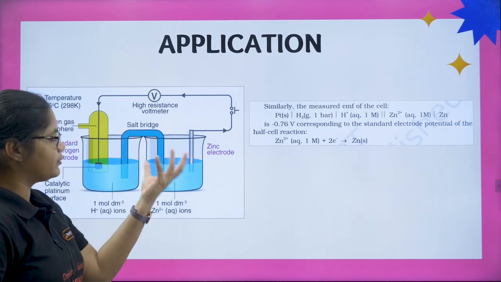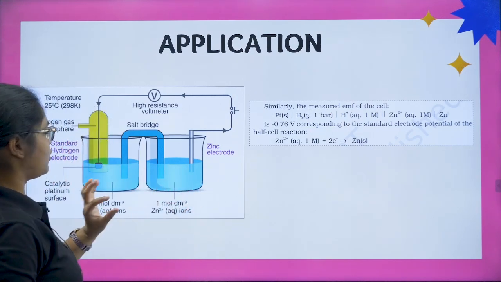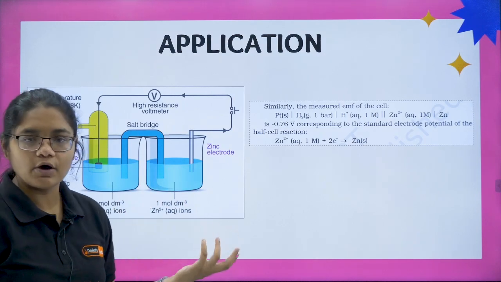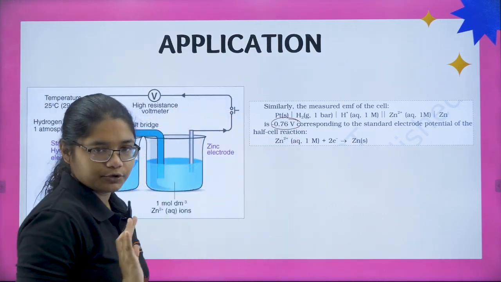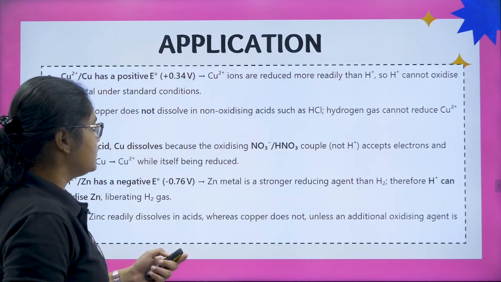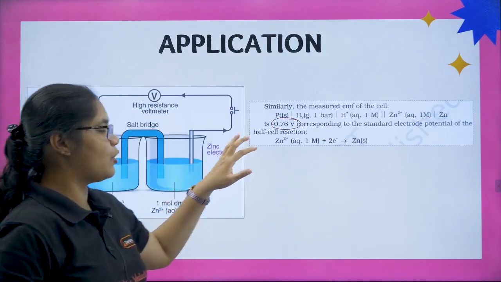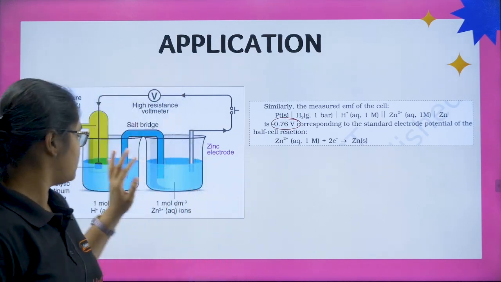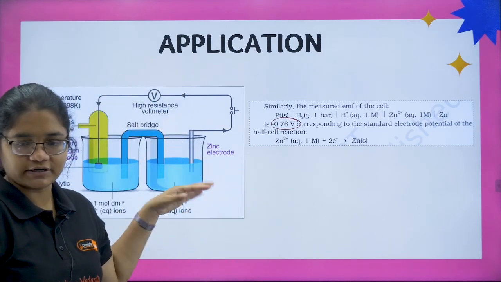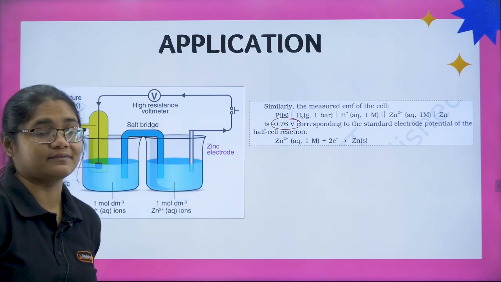Similarly, I can also calculate the electrode potential of zinc. I will put the hydrogen electrode on one side and the zinc electrode on the opposite side. When I calculate this, I will get minus 0.76 volt. Now what have we understood here? The copper value is positive 0.34, and the reduction potential of zinc is minus 0.76 volt.